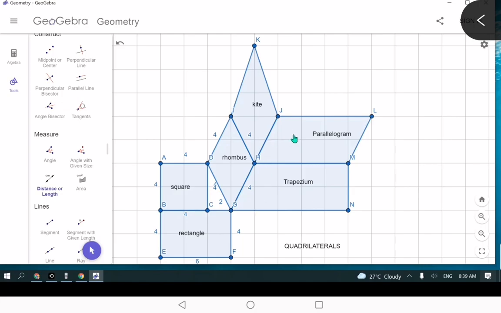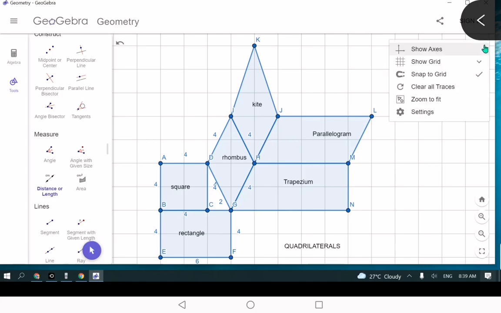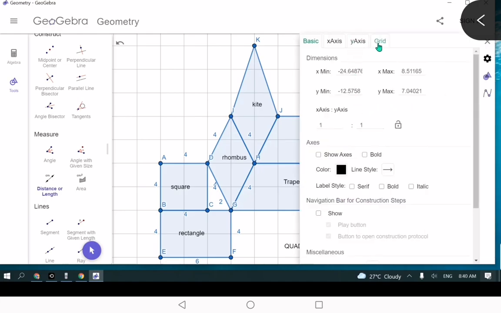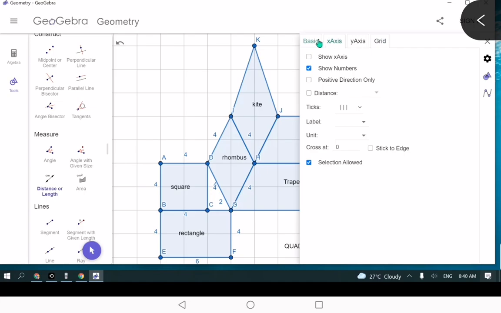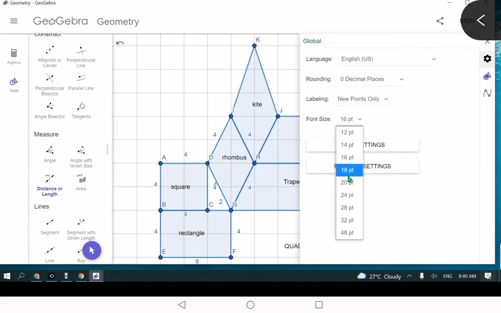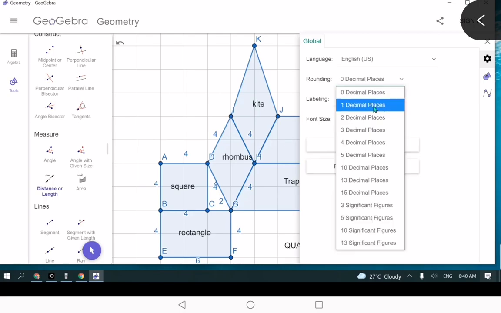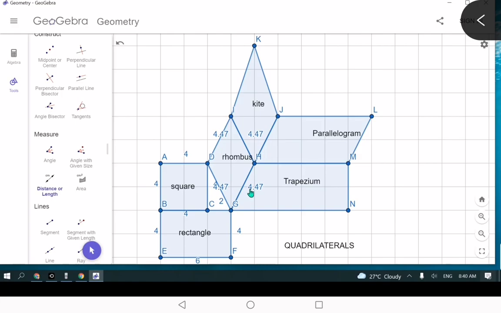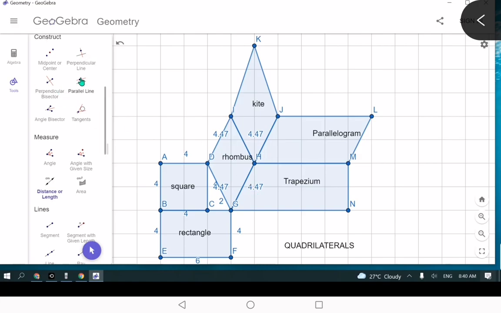I need to make it better. I will set it to two decimals first. Actually, it's 4.47.